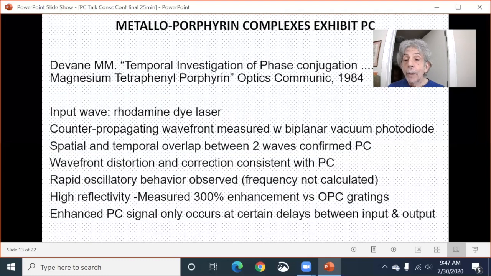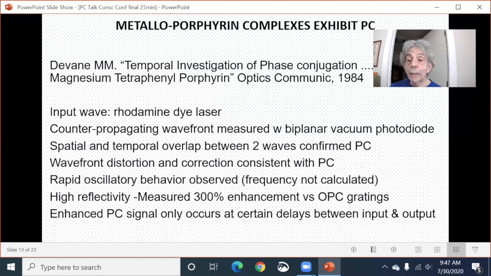Okay, so here's the actual formal paper that was first published in 1984. That was a cosmic year, where they actually measured phase conjugation in these TPP porphyrin complexes.